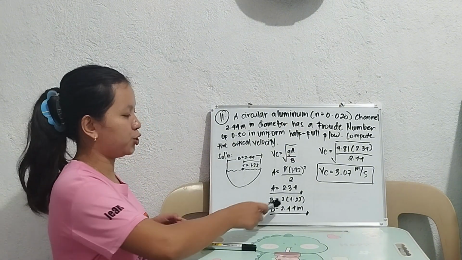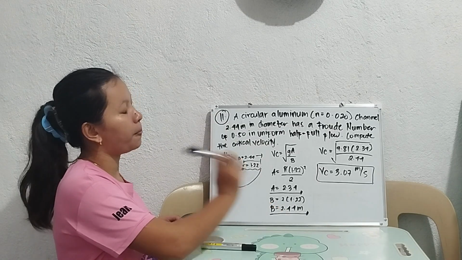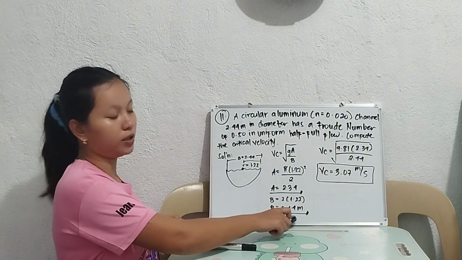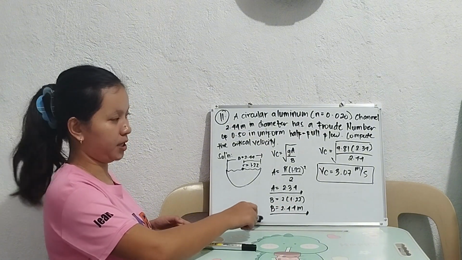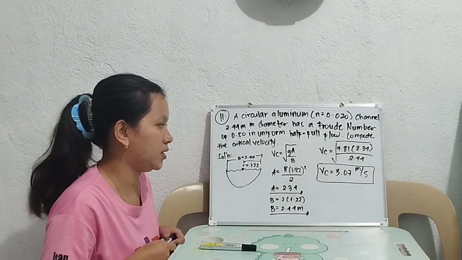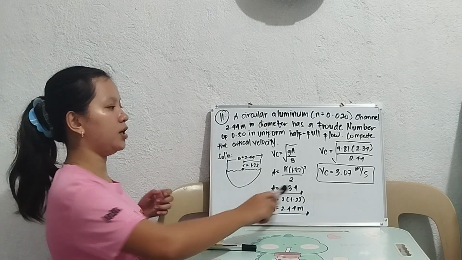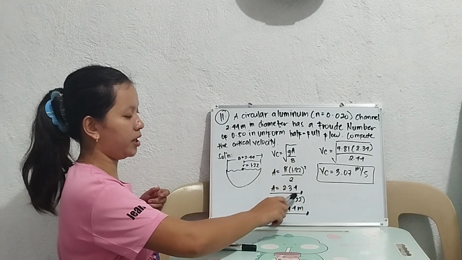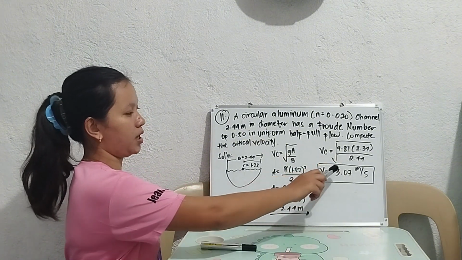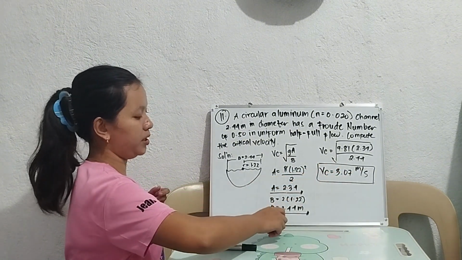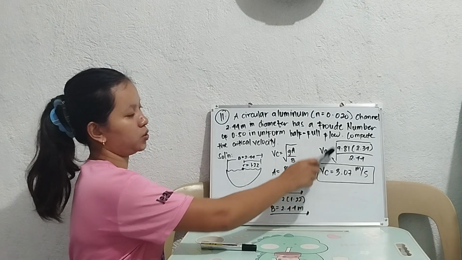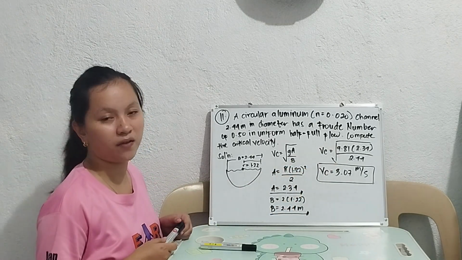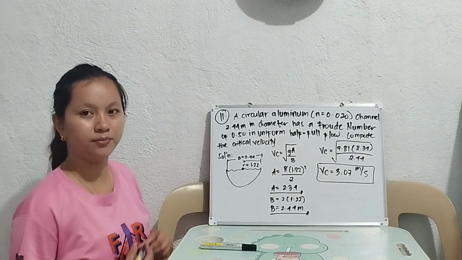And then the B is 2 times the radius 1.22, so we have 2.44 meters for B. So for the critical velocity, we just input everything, where g is gravity, 9.81, and then the area, 2.34 square meter, all over the B, which is 2.44, square root. And then we have the answer for critical velocity, 3.07 meter per second.